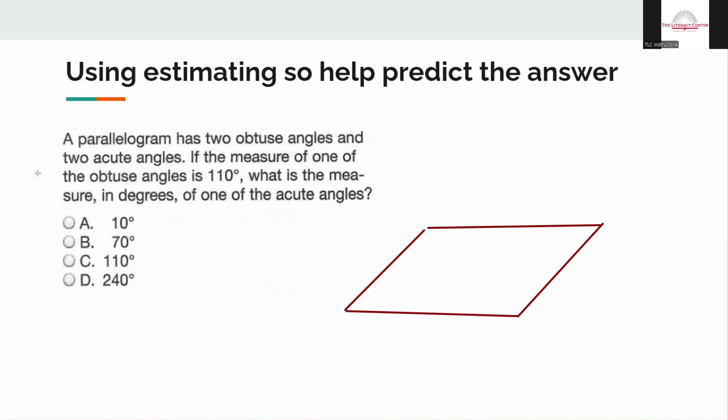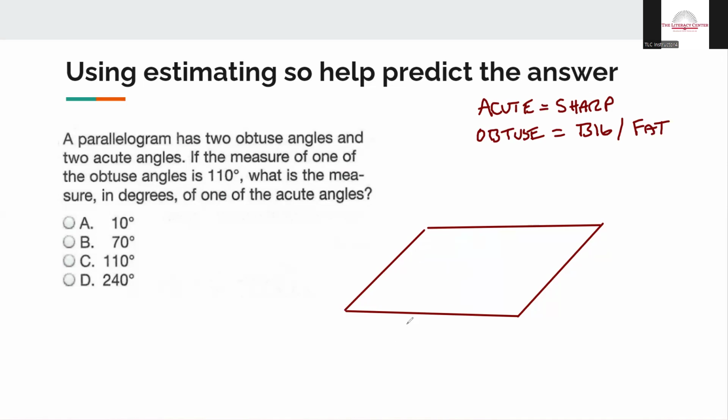Acute, you can translate to the word sharp. Acute equals sharp or pointy. And obtuse, kind of the opposite of that, maybe big or fat angle might be a way to think about that. So when you look at a parallelogram, it kind of makes sense.